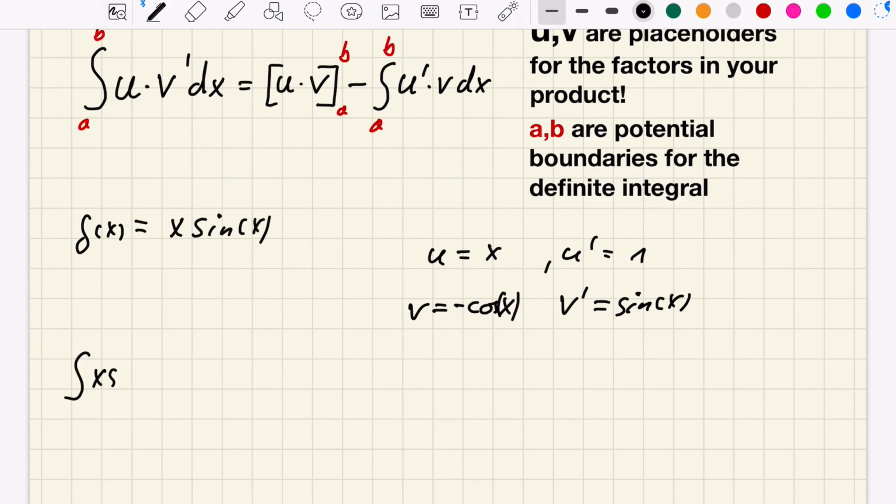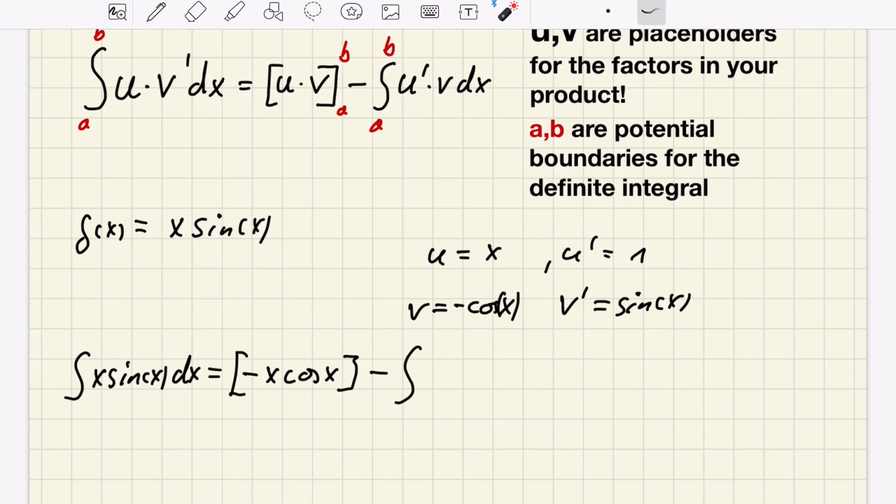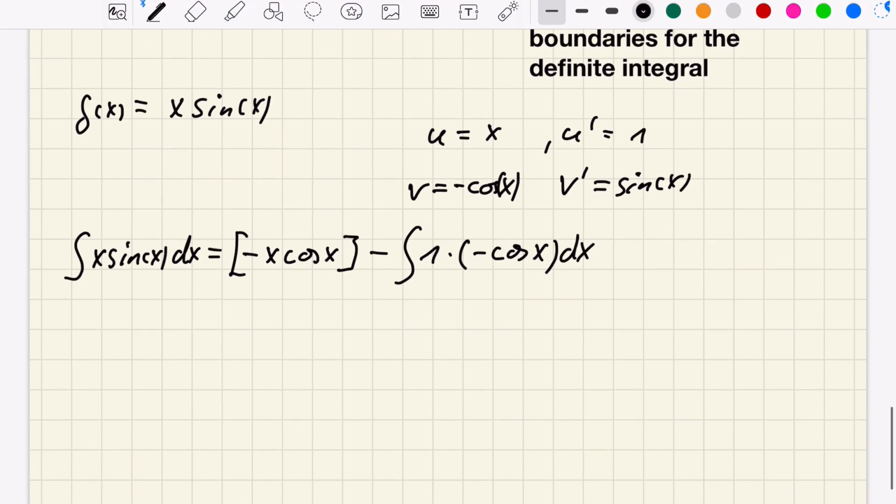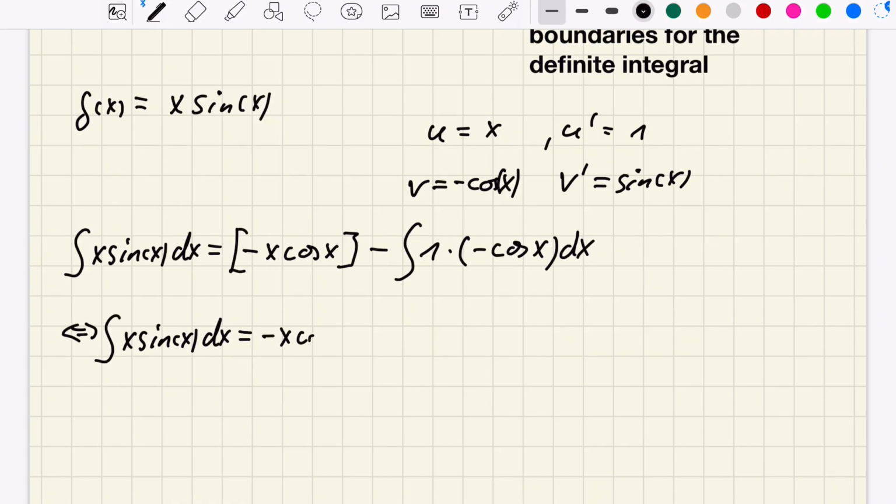So you have the integral of x sine x dx is equal to u times v, which is minus x cosine x, minus the integral of u dash times v. U dash is 1, times minus cosine x dx. Now you see minus x cosine x.